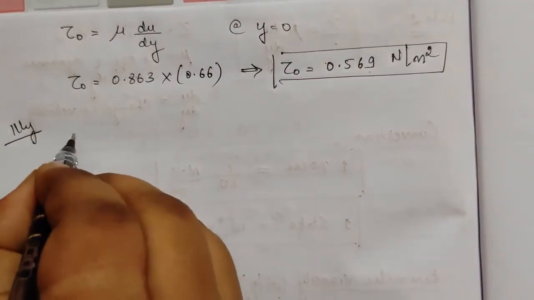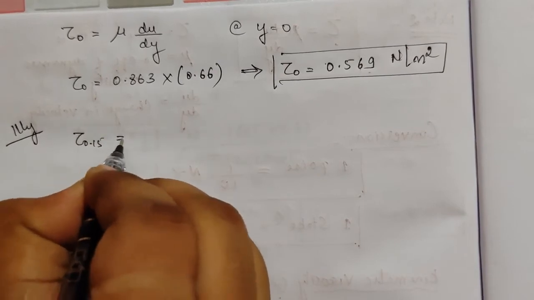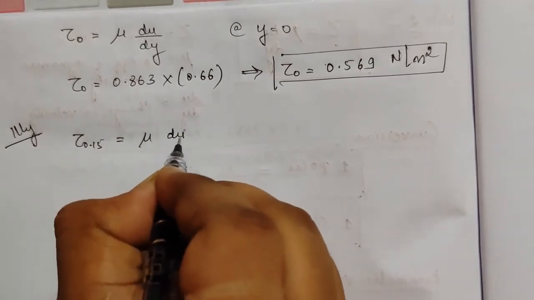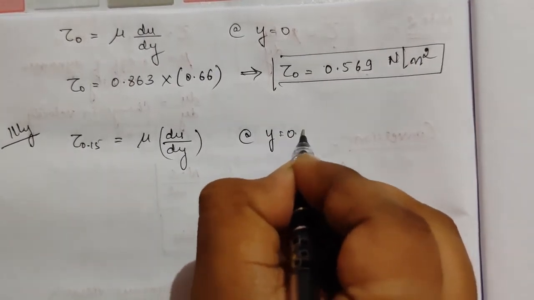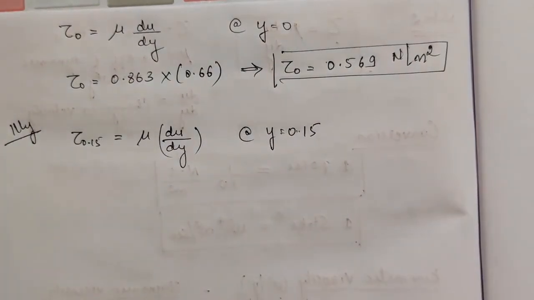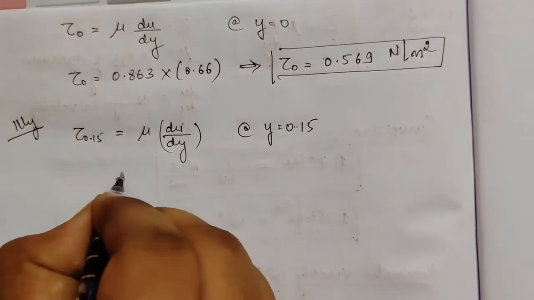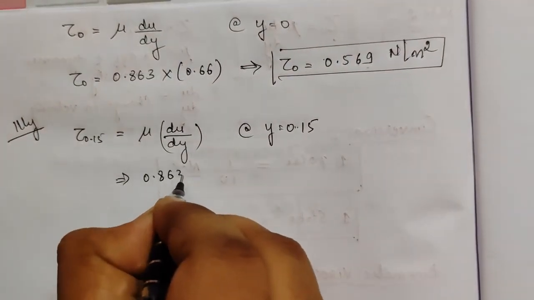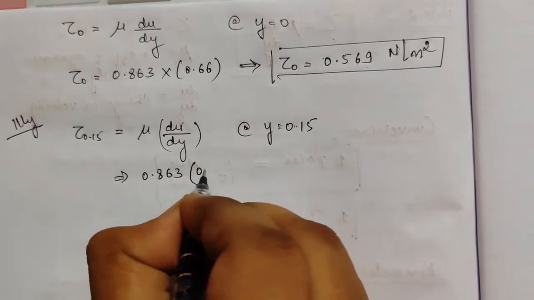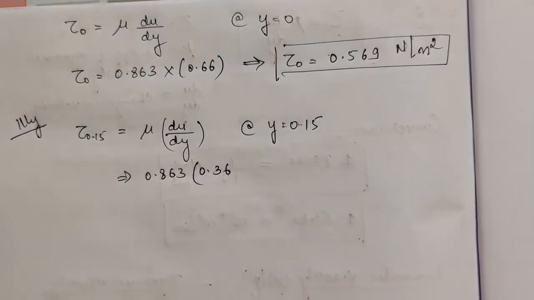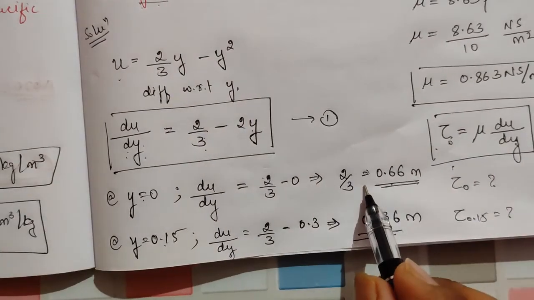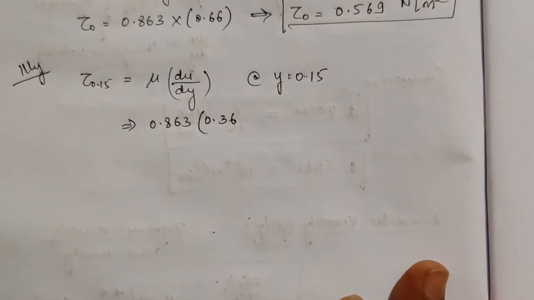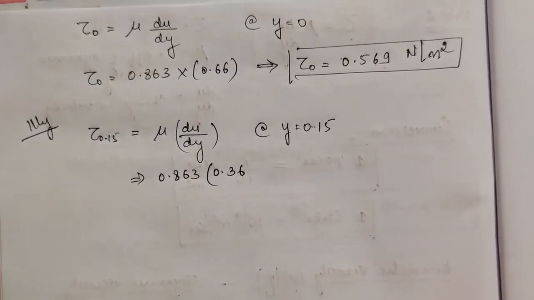Similarly, we have to find shear stress at y is equal to 0.15. So mu is 0.863, and du by dy is 0.36. Let us check. See here, 0.66 and 0.36. Let me align the camera.